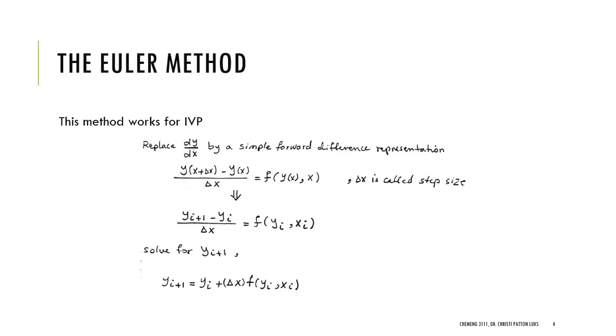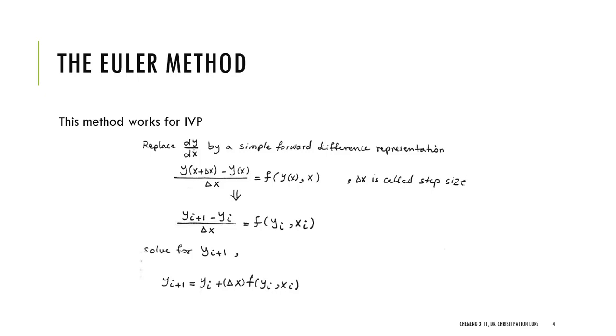If I take this and solve for y(x + Δx), then I get the expression at the bottom there. Now instead of putting the functional notation y(x + Δx), we're going to use a subscripted notation saying it's y_{i+1}.